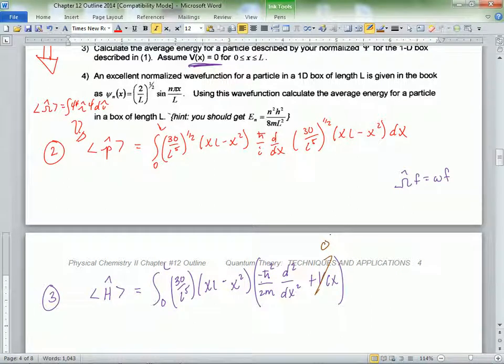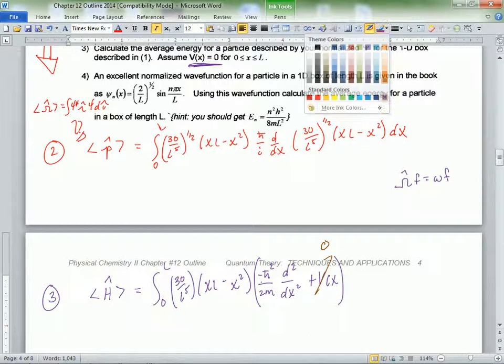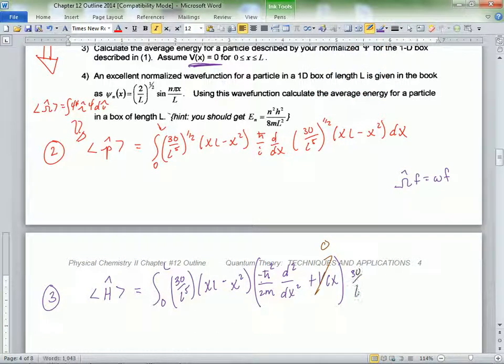Oh, and I have to write the wave function again. So we'll pull out what we can again. And that's going to leave xl minus x squared here.